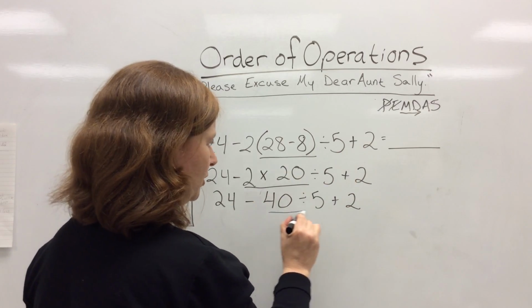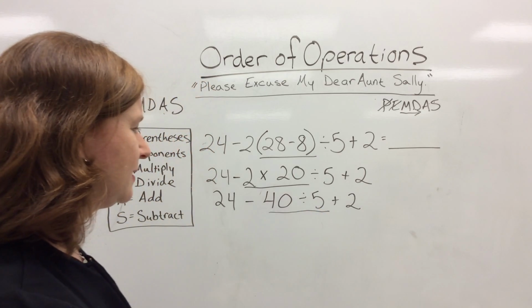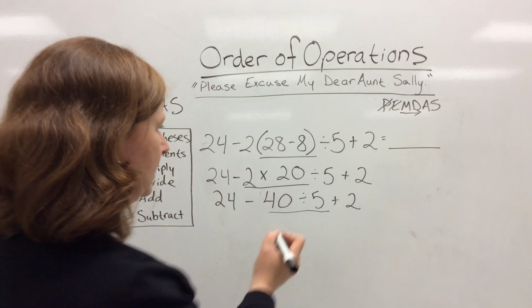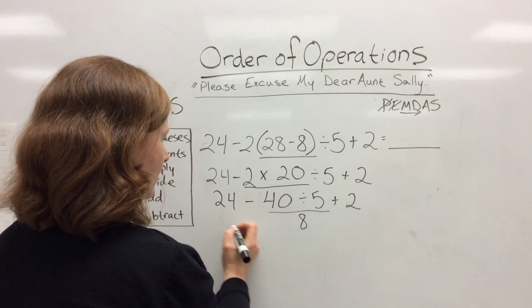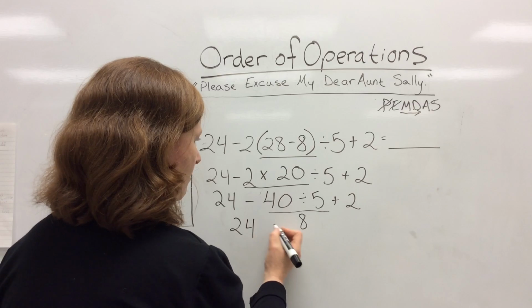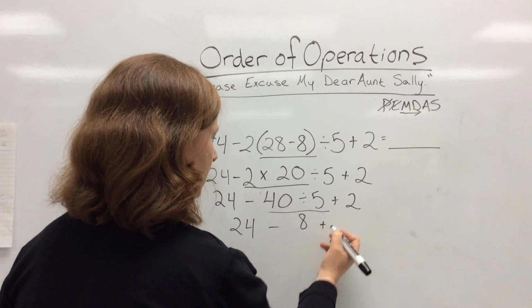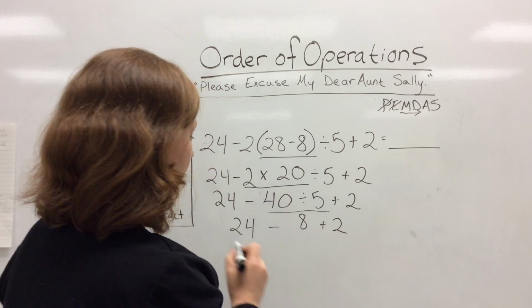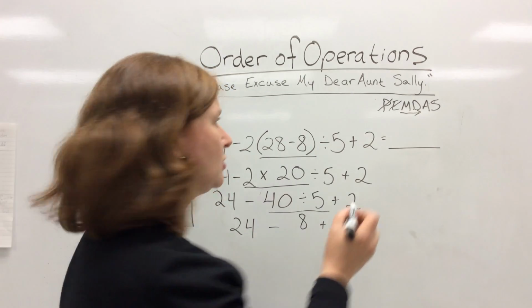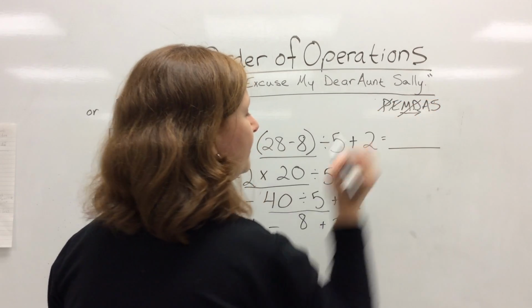Yes, here's one. 40 divided by 5 is 8. I'll bring everything else down. 24 minus plus and 2. I don't have any more multiplication or division, so I'm done with that step.